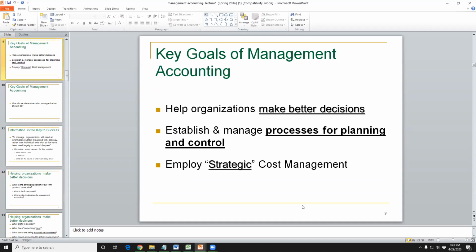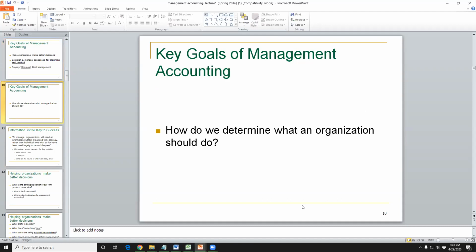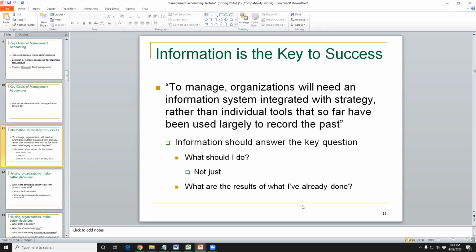So the key goal of management accounting: help the organization make better decisions, put processes in place for planning and control, and if we have time, later in the semester, we'll talk about strategic cost management. So how do we determine what an organization should do?